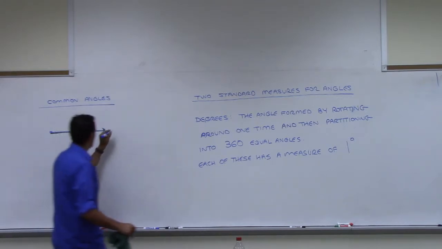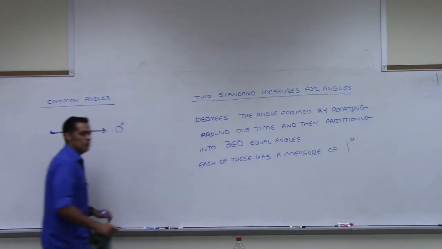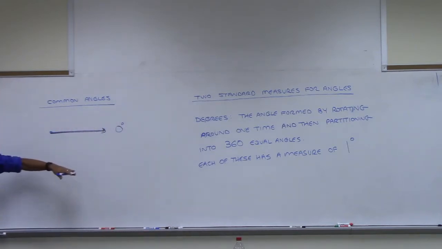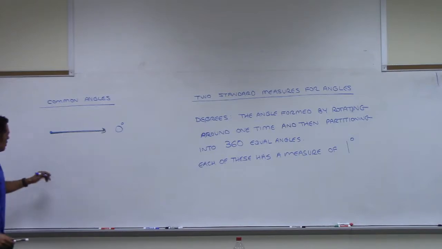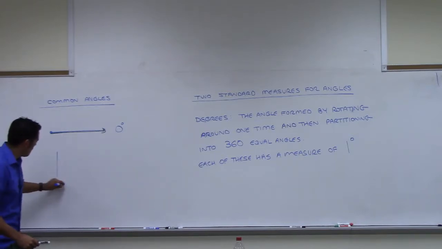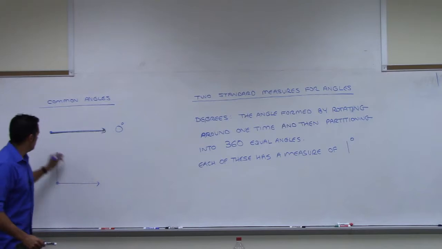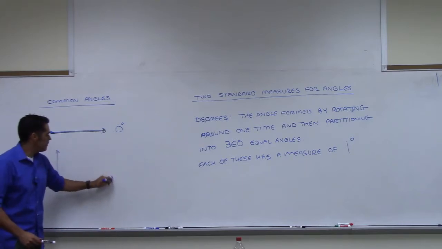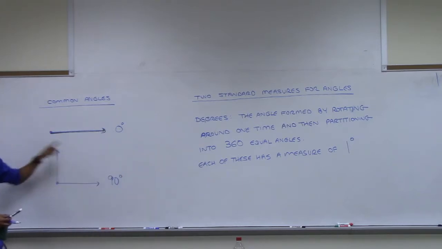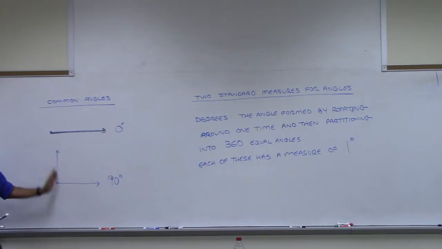So that would be 0 degrees. And then the next common one, I heard 90, yes? Yes. 90 degrees. The reason it's 90 is because if the whole thing is 360, then a quarter of the rotation would be 1/4 of 360, which is 90.